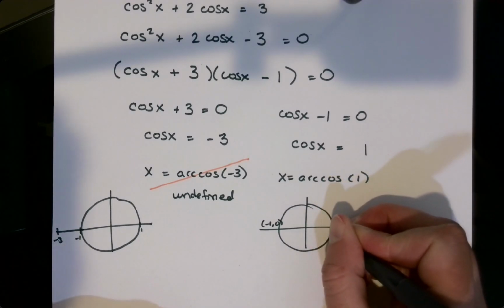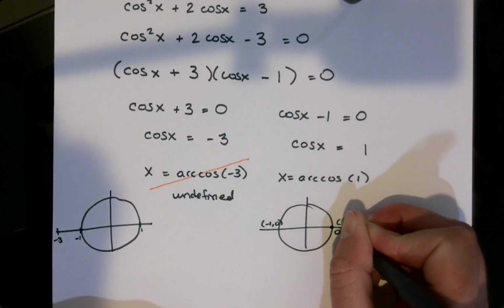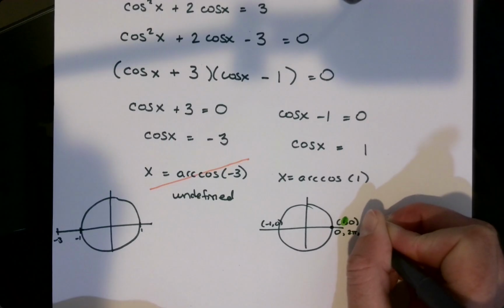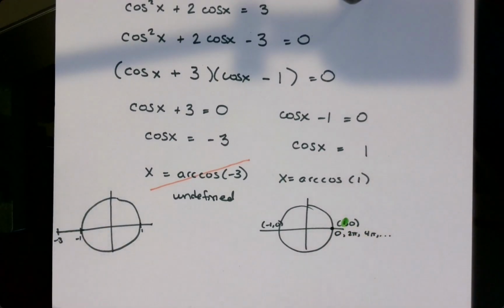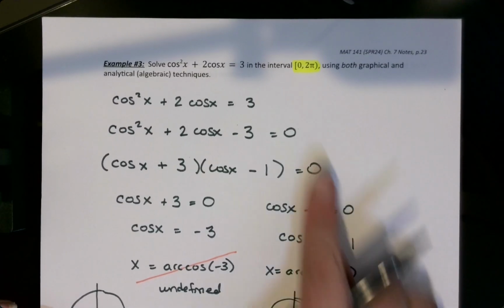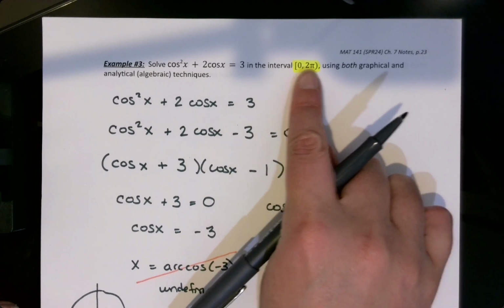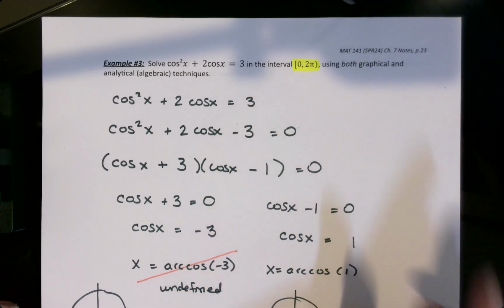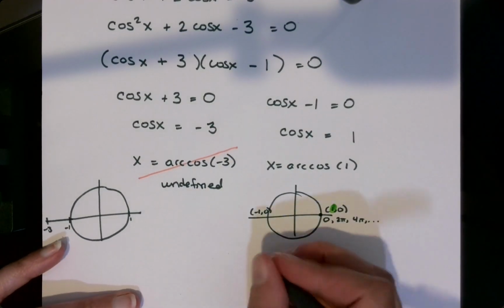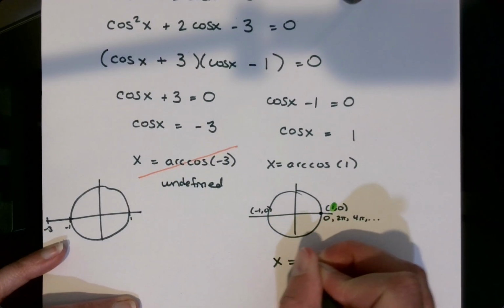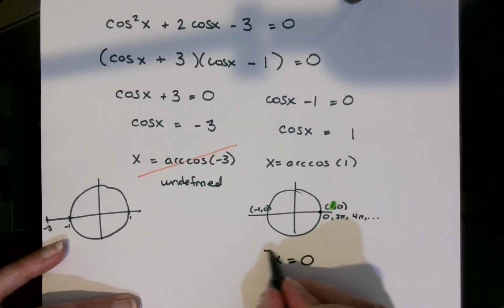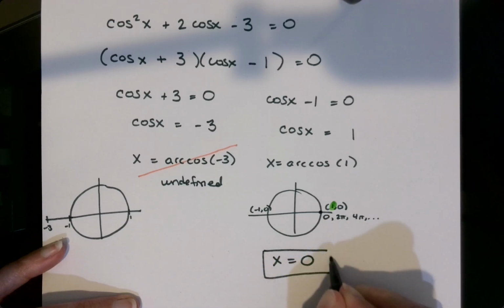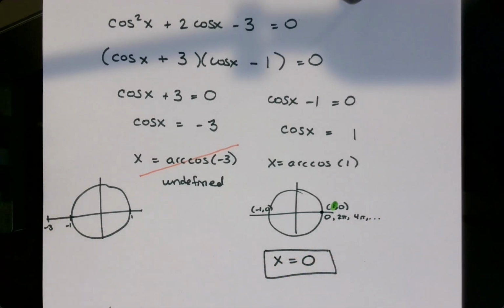So that's going to happen at this angle, which is the angle 0, or 2 pi, or 4 pi, etc. Notice that we want answers that are in between 0 and 2 pi, including 0 but not including 2 pi, so no duplicates. So my answer is going to be x equals 0 as the simplest positive measure for that angle. Technically, it's not positive, it's 0, but it's the simplest measure for that angle. So x equals 0.